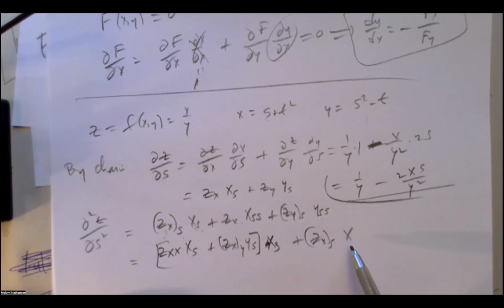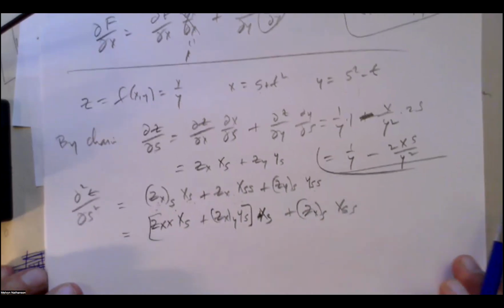So that is x differentiated twice with respect to s. And then I have the derivative of... might need a bigger piece of paper for this.